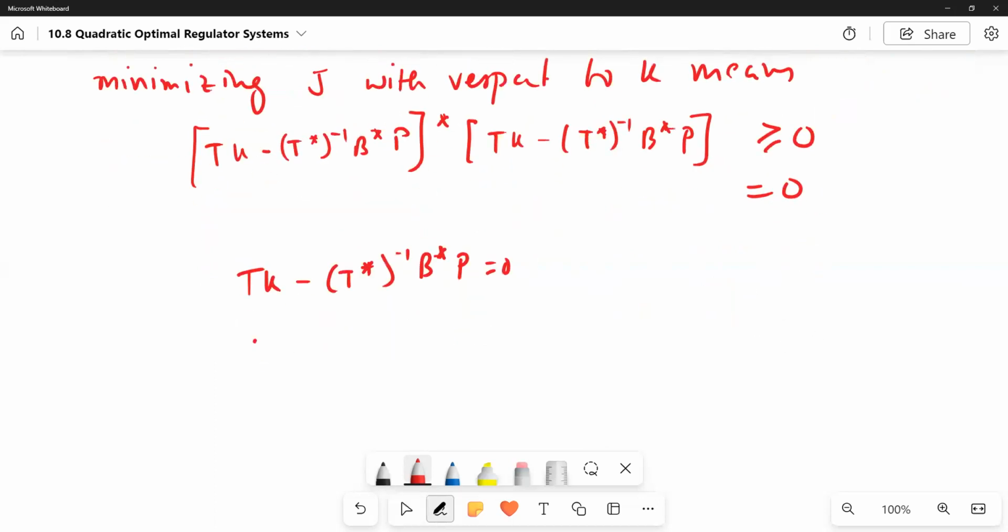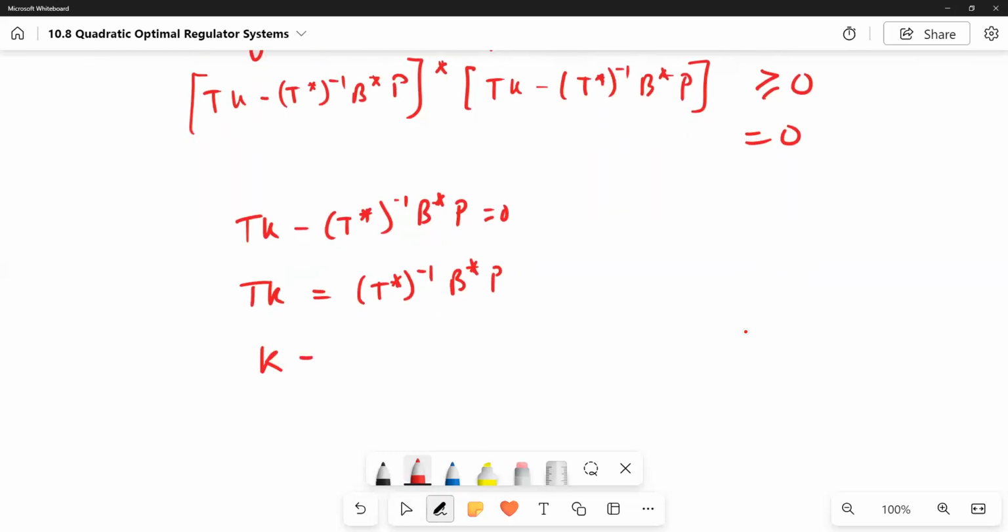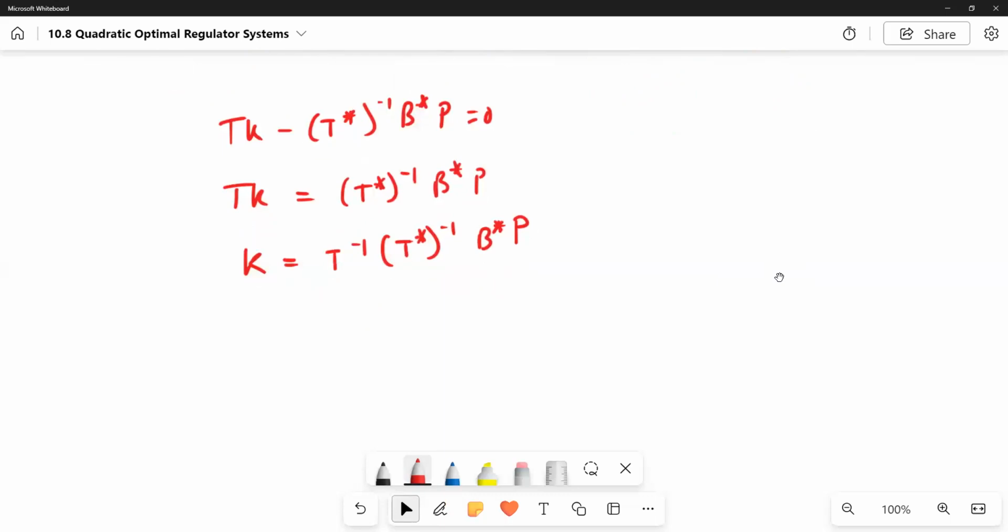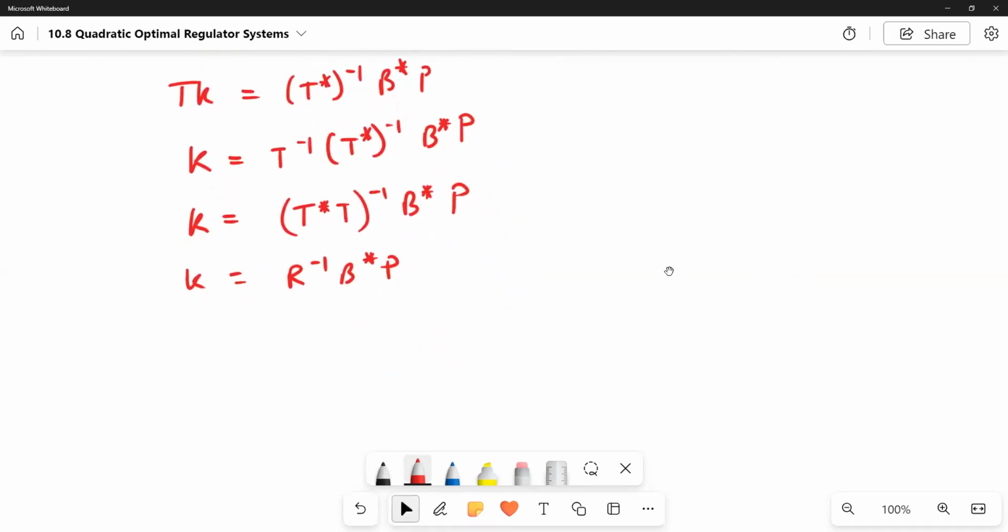So this gives us Tk equal to T star inverse B star P. If you take T inverse on both sides, K becomes T inverse T star inverse B star P, which we can write as R inverse B star P equal to K. So this is our optimum value of the gain matrix K.